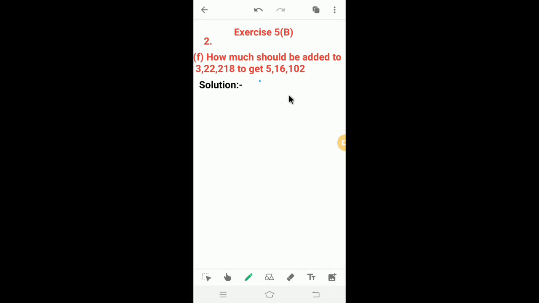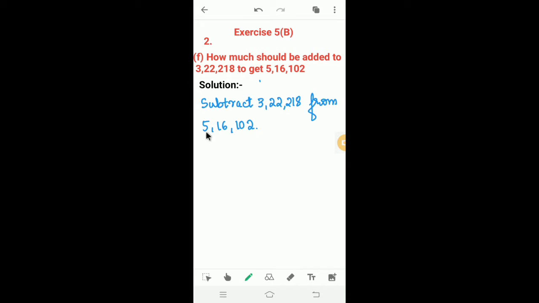So what we have to do? We have to subtract 3,22,218 from 5,16,102.